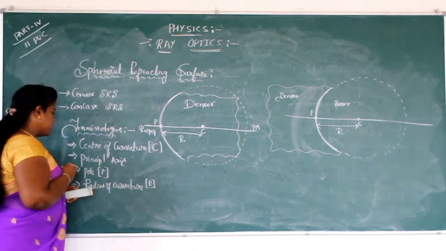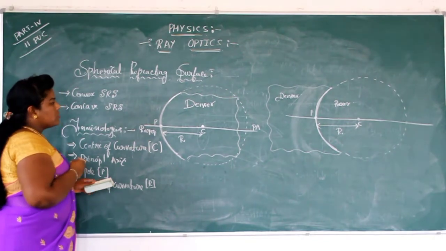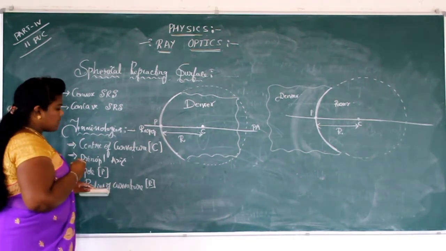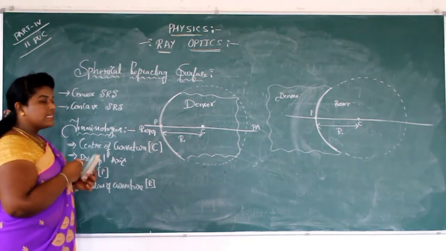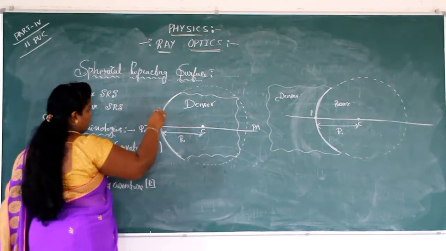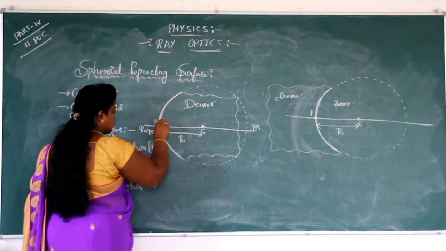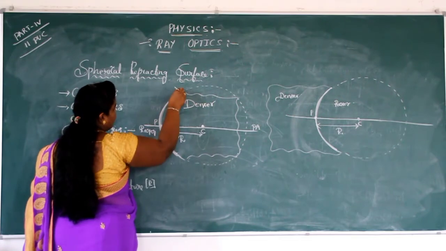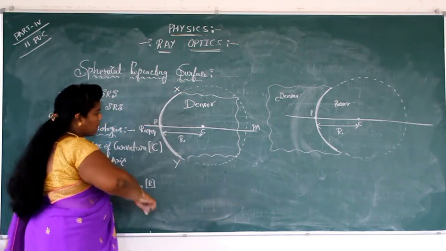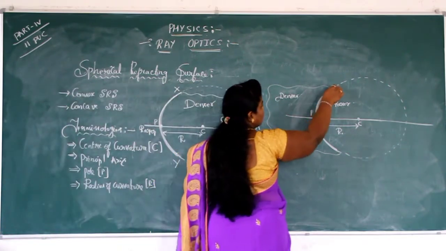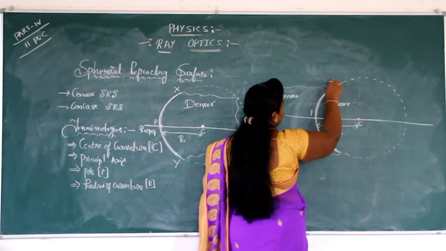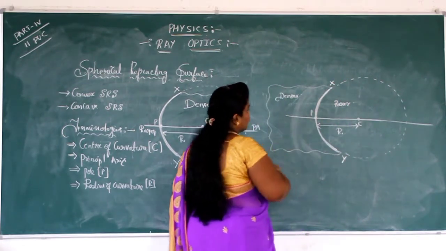Now I have explained the radius of curvature, so with the help of all these terminologies, we can define the refracting surface. This is said to be the refracting surface, and I am going to give it the name XY.